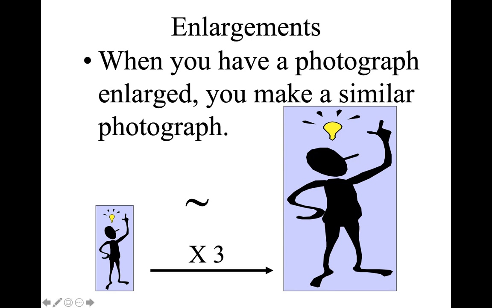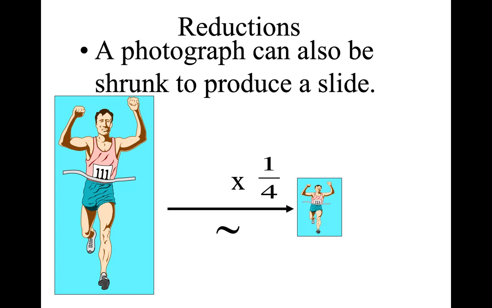Everything is related by a scale factor of 3. Reduction, same thing. A photograph can be shrunk by a scale factor as well. So if I take this larger photo and I multiply it by a scale factor of 1/4, I get a smaller photo.